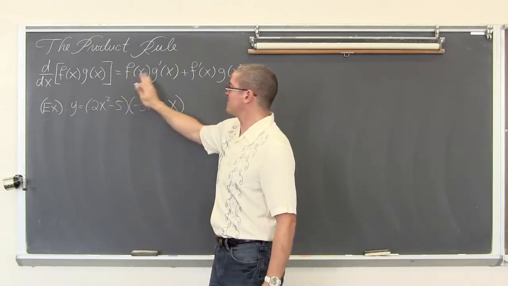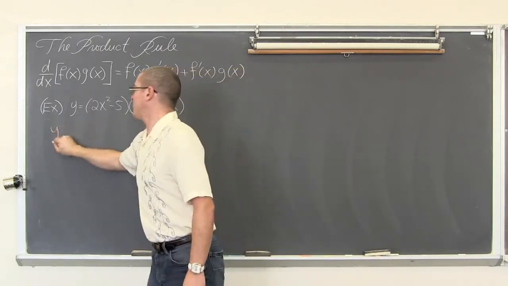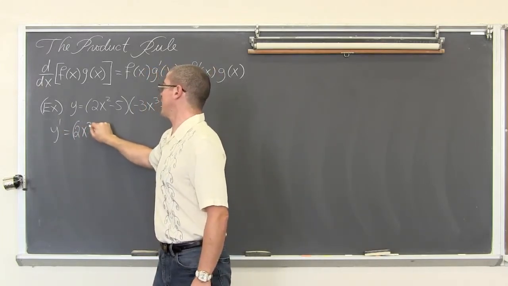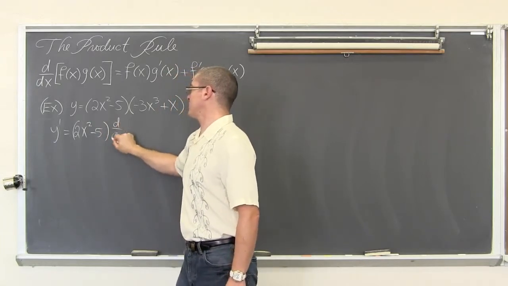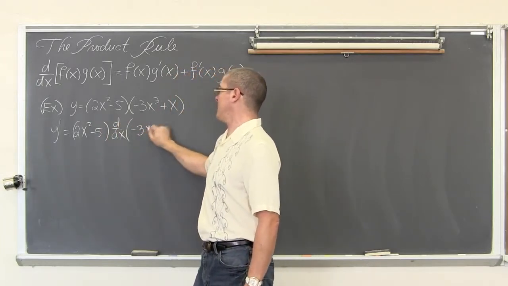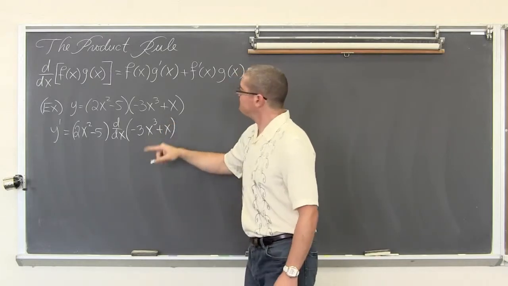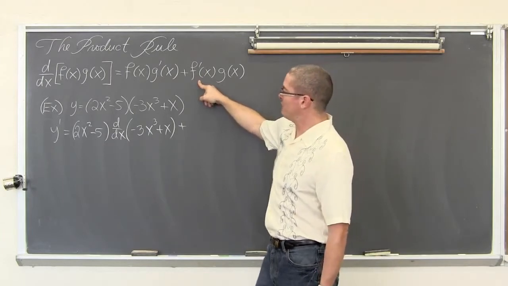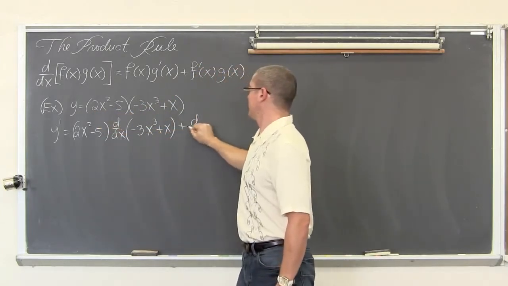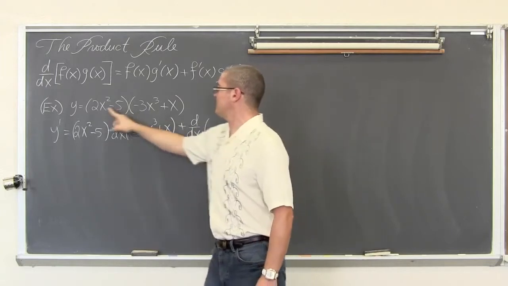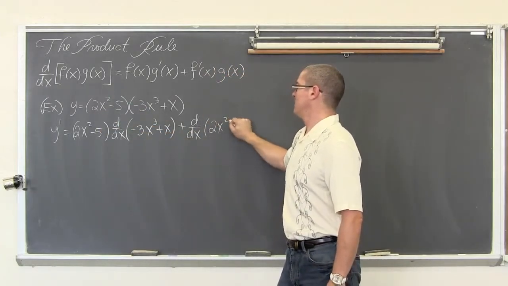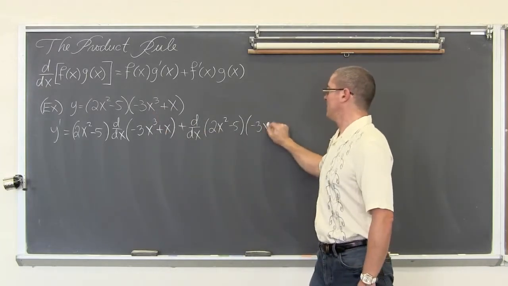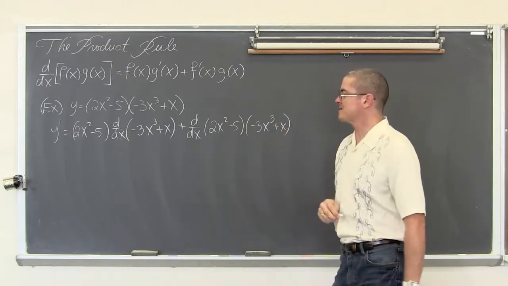So the first factor times the derivative of the second, so y prime, or the derivative of y, is going to be equal to 2x squared minus 5 times the derivative with respect to x of negative 3x cubed plus x, plus the derivative of the first factor, so the derivative with respect to x of 2x squared minus 5, times the second factor, which is going to be negative 3x cubed plus x.